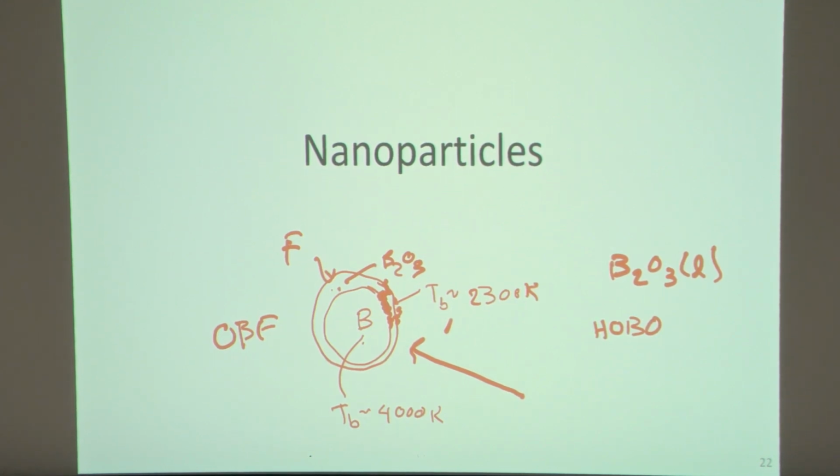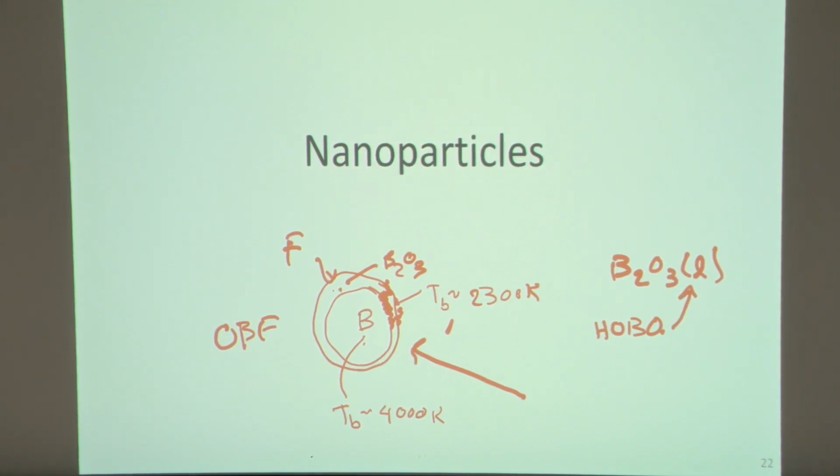For me to convert this HOBO to B2O3 liquid, for example, if this was used in a rocket motor, as I'm expanding in the diffuser of a nozzle, as the temperature goes down, this process becomes kinetically limited. And so a lot of times I can't recover all the expected energy out of the system.